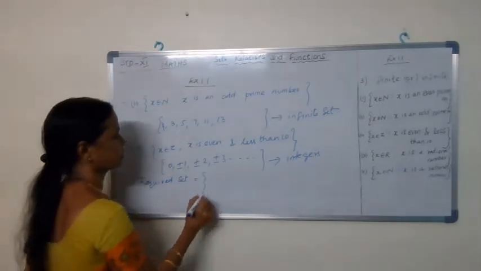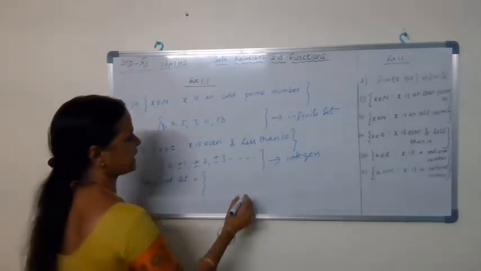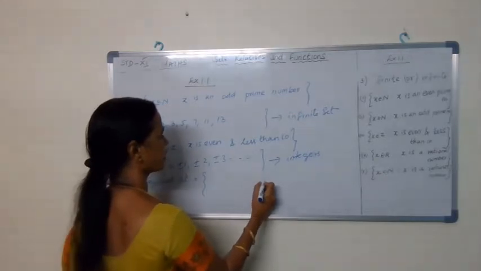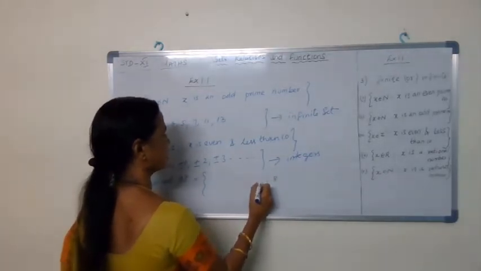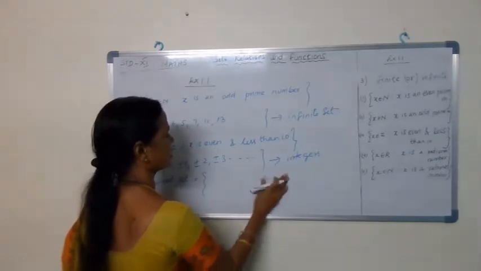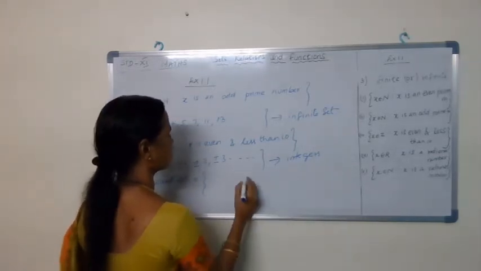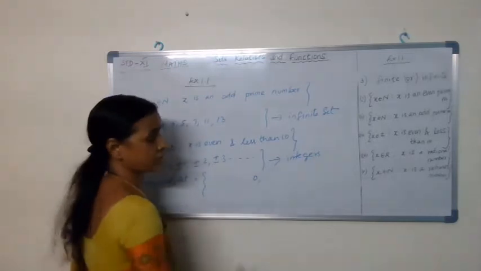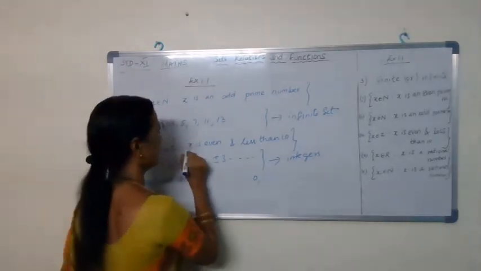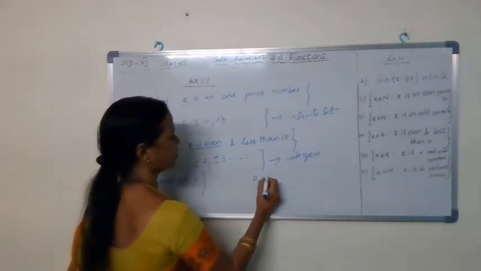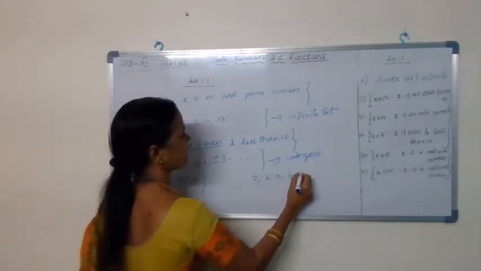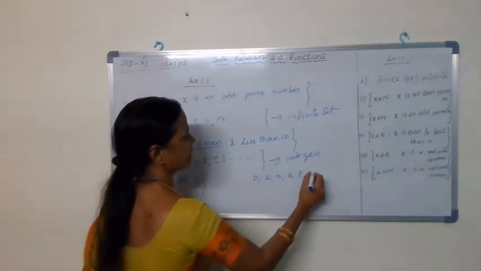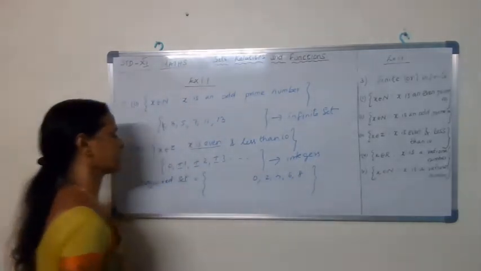is equal to: less than 10 means 8, 6, and I'll consider 0 is also there. Even means 2, 4, 6, 8, and the last number is 8.